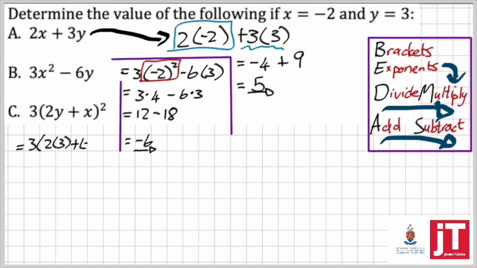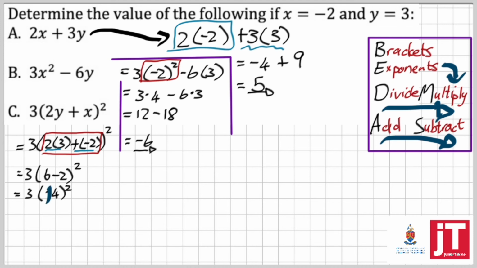Let's look at question C. First, I'm going to substitute in. I would love to do the brackets first. But to do the brackets first, I must first calculate the 2 times 3 and the plus times the negative with a 2. So I'm first going to handle inside the brackets. Now 6 minus 2 is not -4.